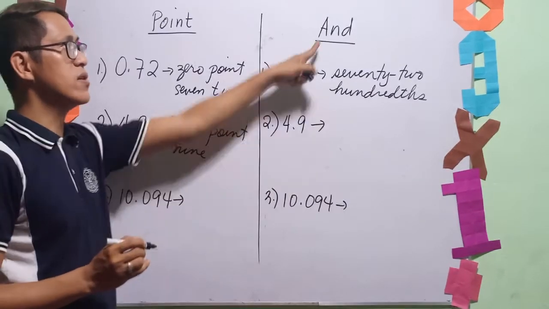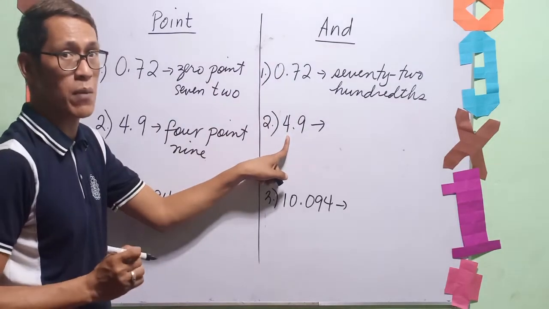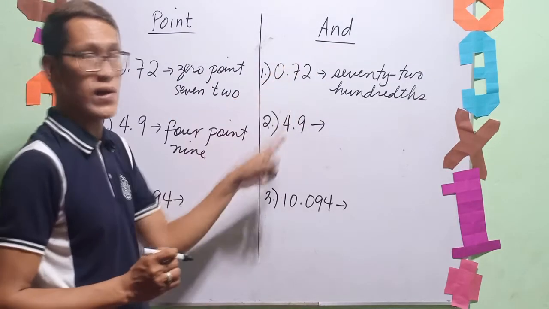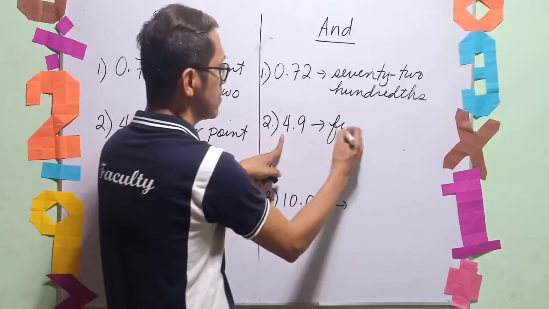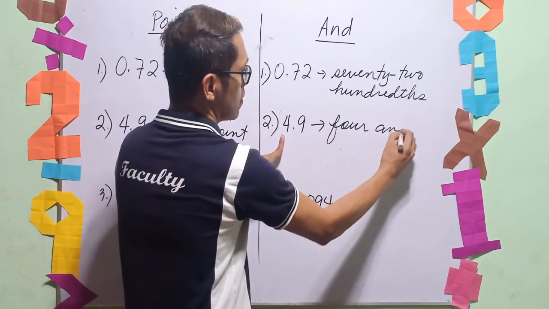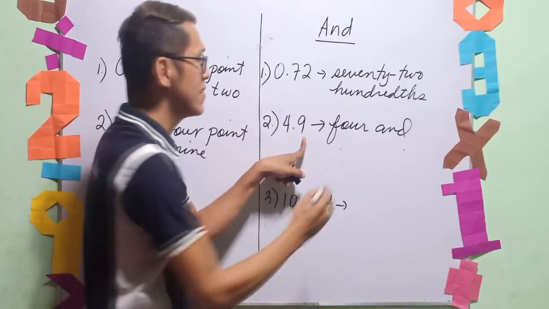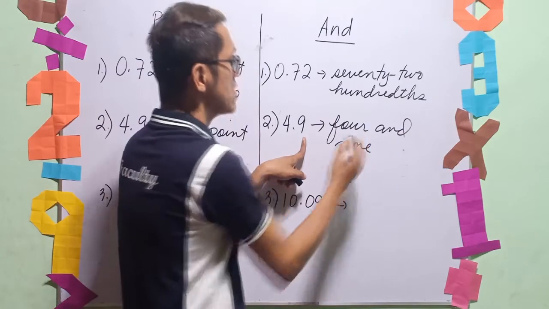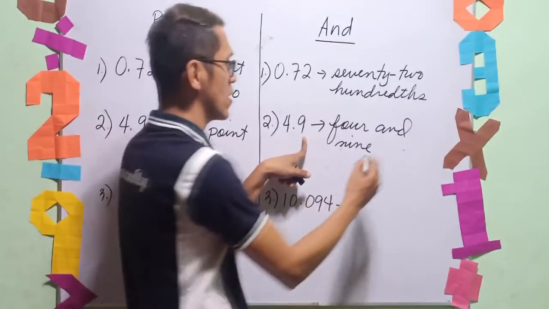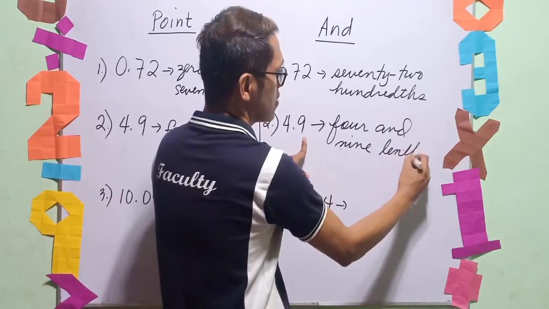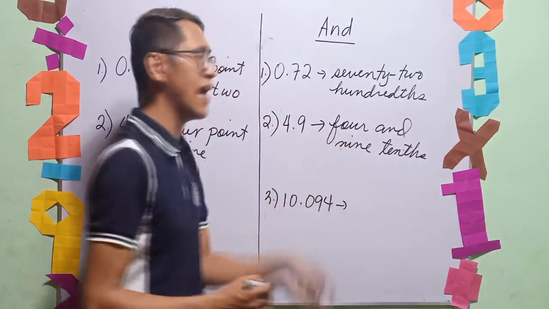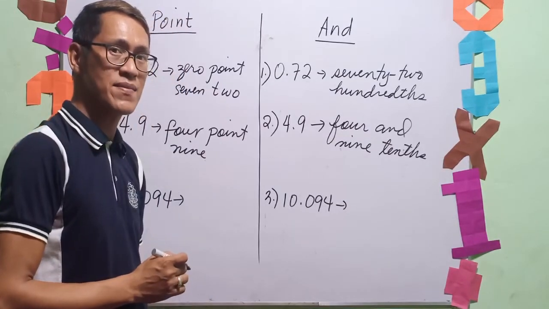While here, if you use "and," this time we have a whole number 4. So we can use the word "and." So it's 4 and 9. The place value of 9 is tenths. So we will use the place value tenths. So it's 4 and 9 tenths.